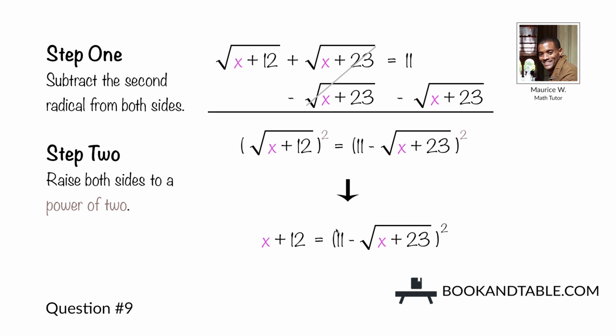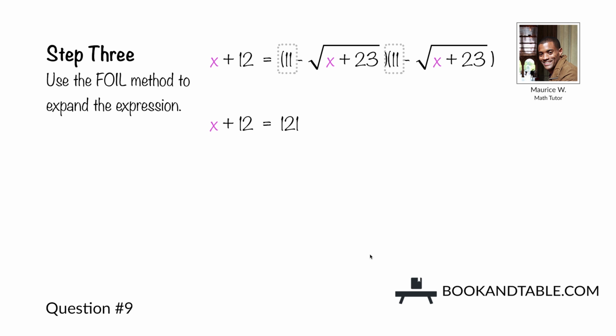And now step 3, we'll use the FOIL method to expand this expression here. 11 times 11 is equal to 121. 11 times negative square root of x plus 23 is equal to minus 11 radical x plus 23.